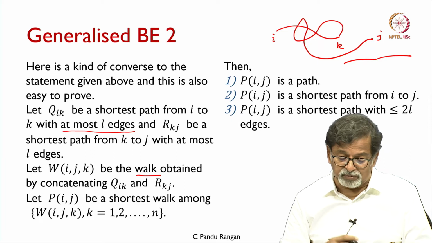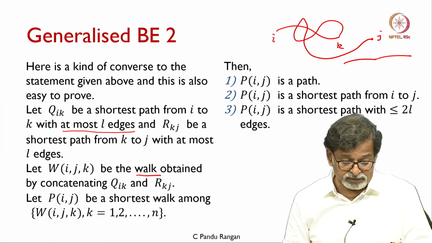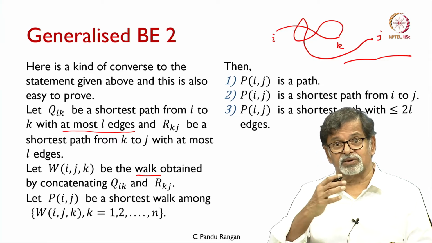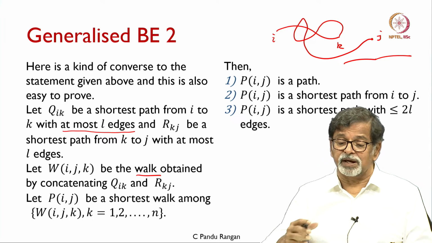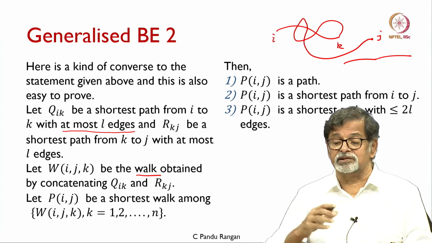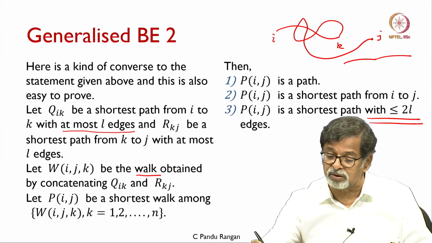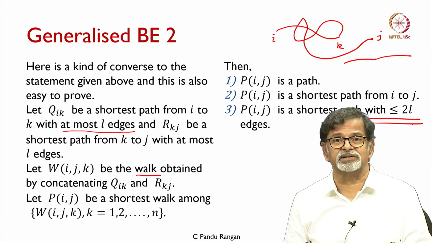So let p_ij be the shortest walk among all these, the shortest one. Then p_ij is a path, the shortest path from i to j with less than or equal to 2L edges.